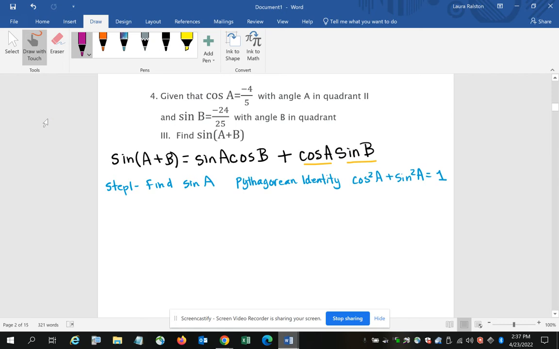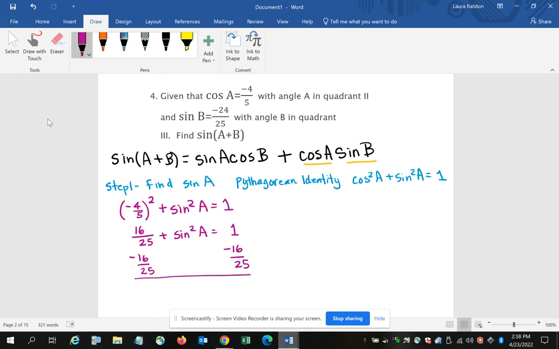If I do this substitution, I know that cosine of A is negative 4/5, squared, plus sine squared A equals 1. Negative 4/5 squared: negative 4 times negative 4 is 16, 5 times 5 is 25, plus sine squared A equals 1. Then I'm going to subtract the 16/25 from either side.